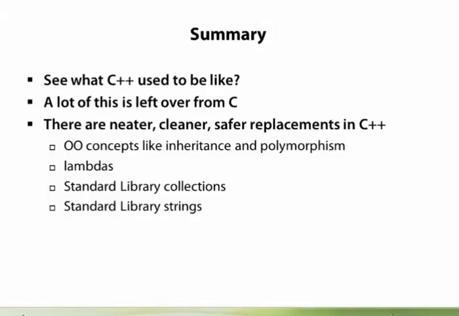In C++, we have inheritance, we have polymorphism, we now have lambdas, and we have this amazing standard library which takes care of strings, which takes care of collections and all of the ways to work with collections. And these sort of safe, sane, sensible ways of tackling the underlying problems are much better replacements for the stuff I've been showing you in this module.